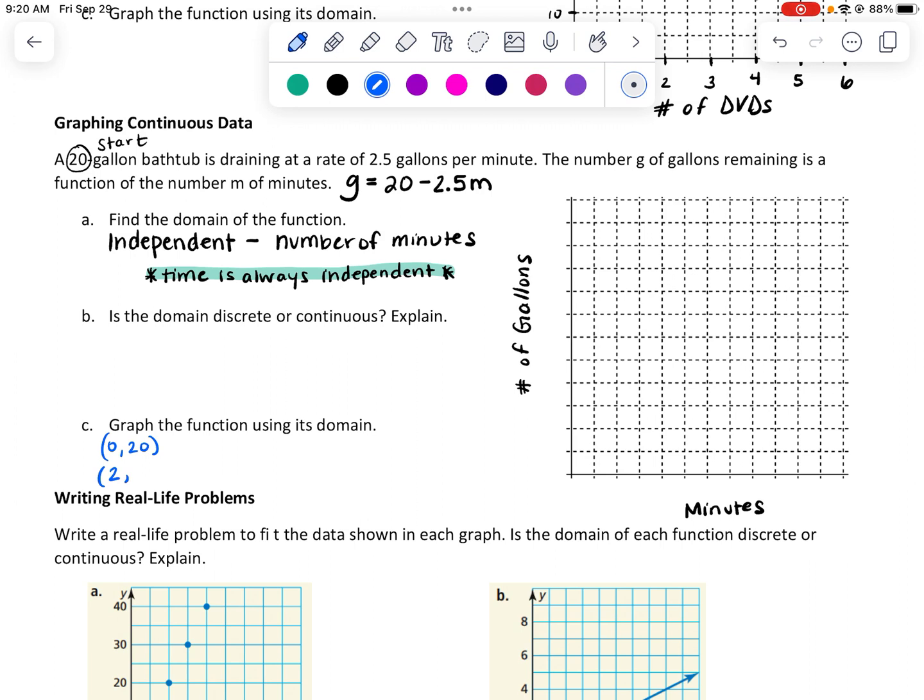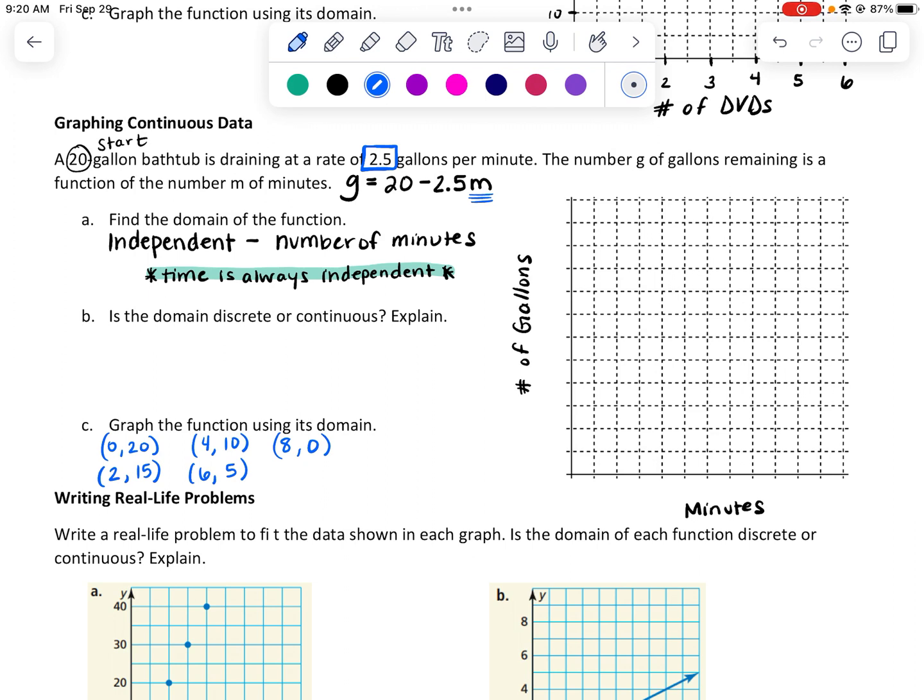It goes down 2.5 gallons per minute, so it would go down 5, so that would be 15 gallons left. If I drain it for 4 minutes, I would have 10 gallons left. And again, you could just plug it into your equation for M. 6 minutes, I would have 5 gallons left. And 8 minutes, I would have no gallons left.